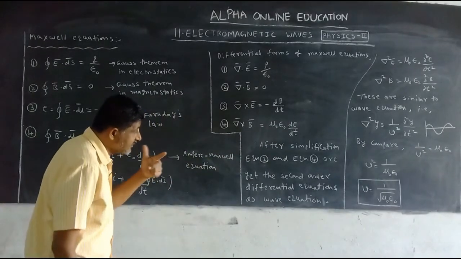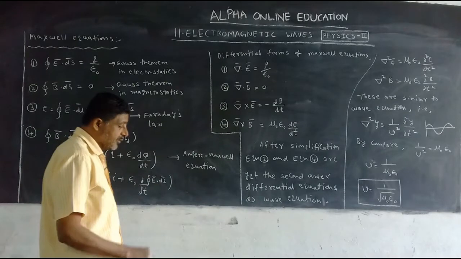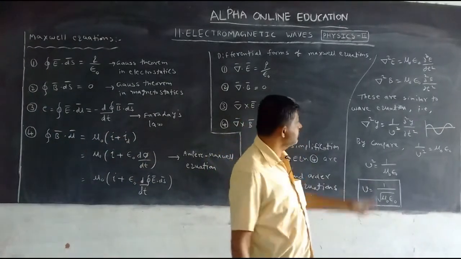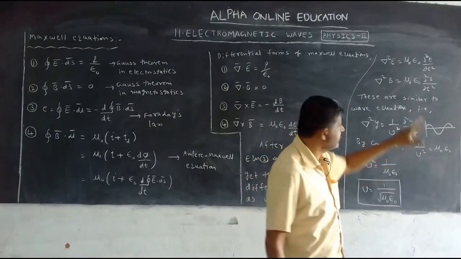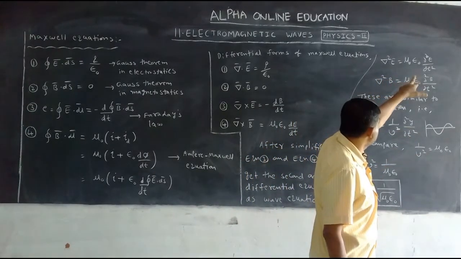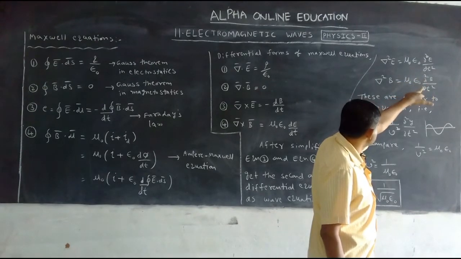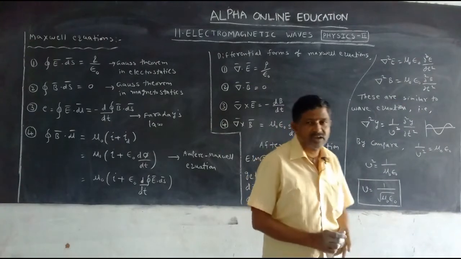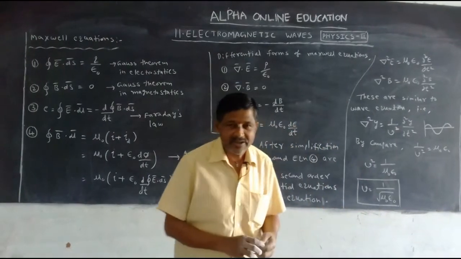Now what is the velocity of the electromagnetic wave? What is the electromagnetic wave equation? The electromagnetic wave equation is del square E is equal to mu naught epsilon naught dou square E by dou t square, and del square B is equal to mu naught epsilon naught dou square B by dou t square.